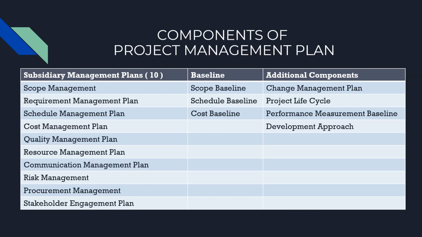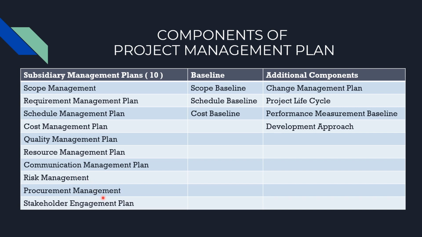So let's understand the components of the project management plan. In total there are 10 subsidiary plans: scope, requirement, schedule, cost, quality, resource, communication, risk, procurement, and stakeholders.